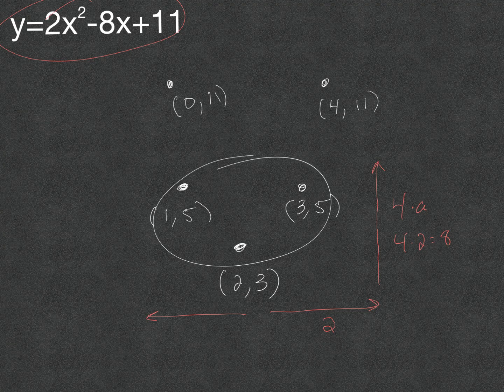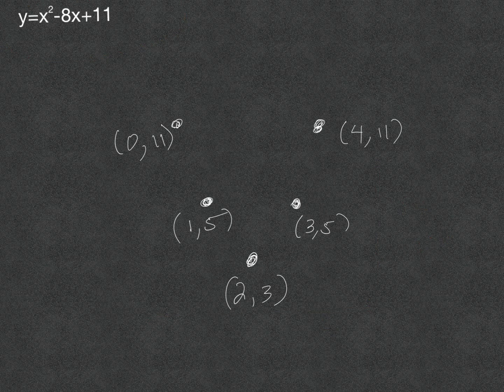Okay? If you needed another point, let's take a look at the last point. We have these 5 points so far, but what if we needed another point? Well, we can go over 3, up, what? 9 times a, or 9 times 2, which is 18.